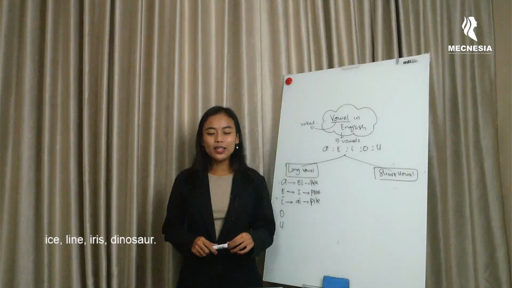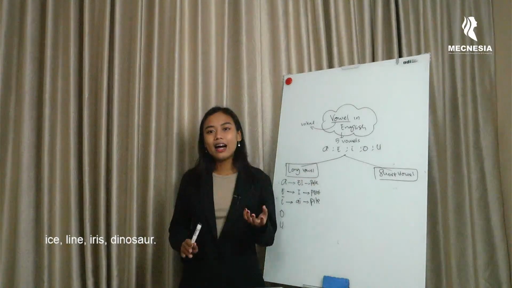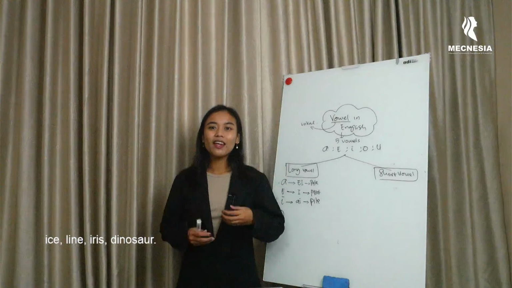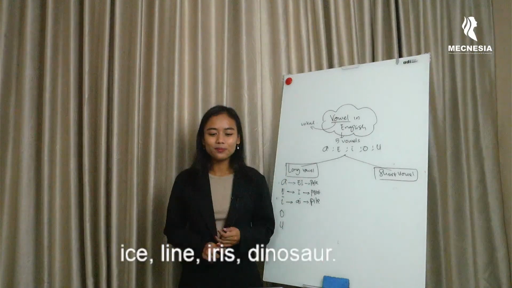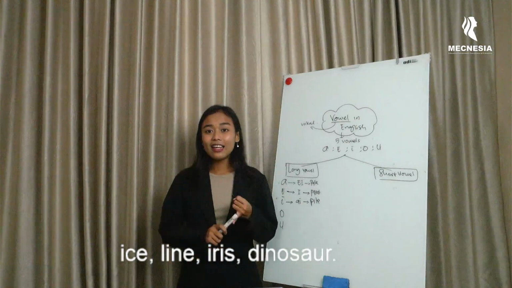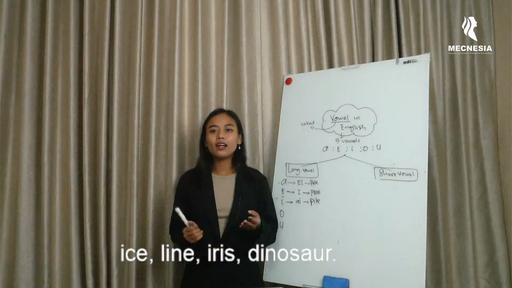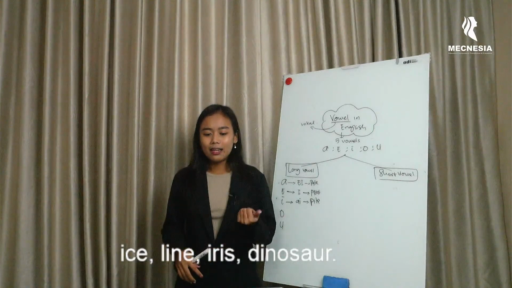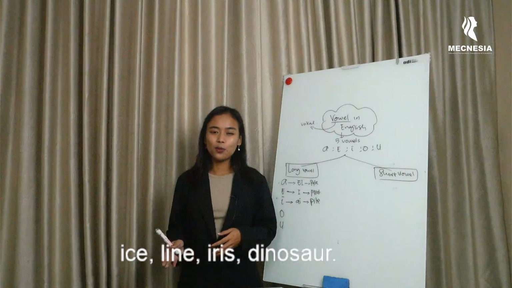Next, in the word dinosaur. So we have eyes, line, iris, dinosaur. Let's say it together.